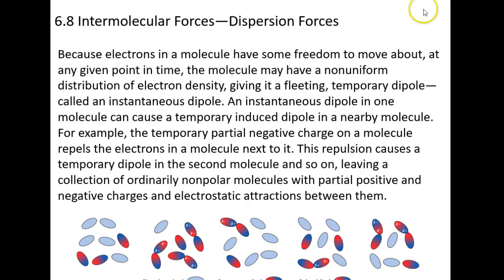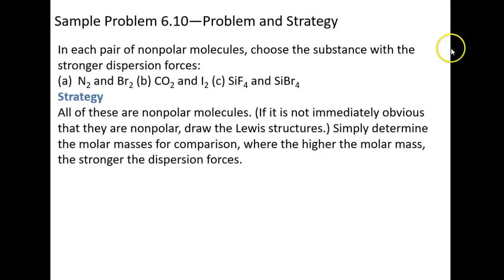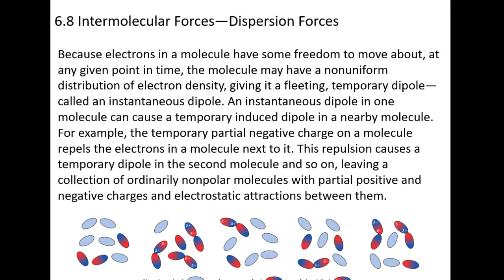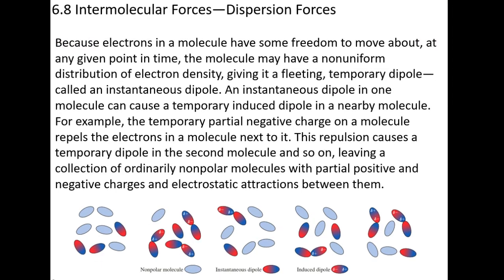This is between non-polar molecules. Sorry, I'm trying to lower this so you can see it. There we go. So this is a dispersion force. These are the weakest. This is between non-polar molecules. What happens is, let's say we have a bromine and a bromine, non-polar.